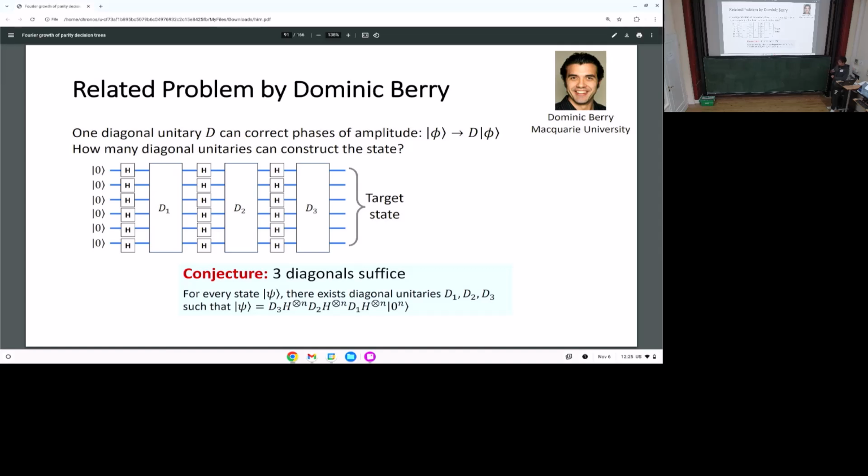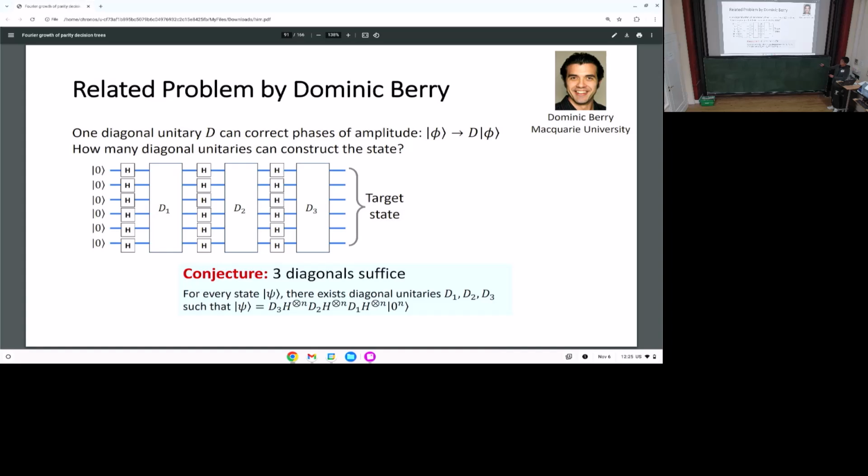So his algorithm goes as follows. You initialize some random D1, D2, D3. And then we fix maybe D1 and D2, and choose the optimal D3 to be as close to psi as possible. So we constrain D3 to be a diagonal unitary, and then we optimize it so that it's as close to your target psi as possible.